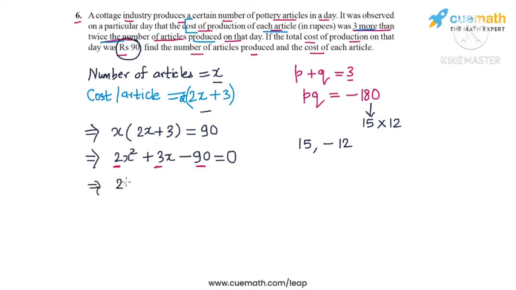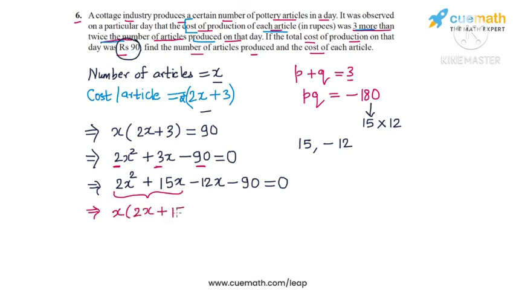So this is how we'll split the middle term. Instead of 3x, we will write 15x minus 12x and then minus 90 equal to 0. And now we can factorize this equation easily. So what do we get? From the first pair of terms, let's take out the common factor of x. So we get x times 2x plus 15.